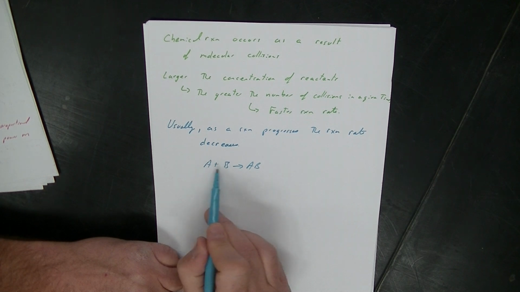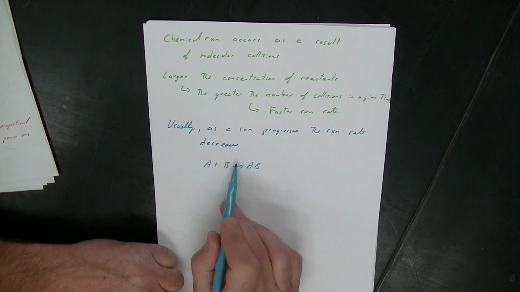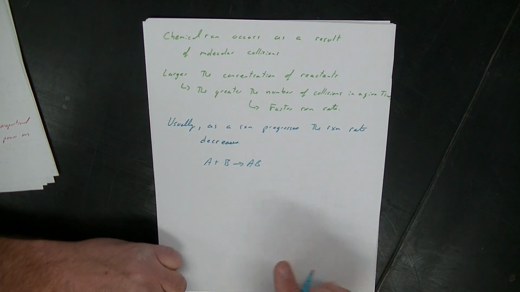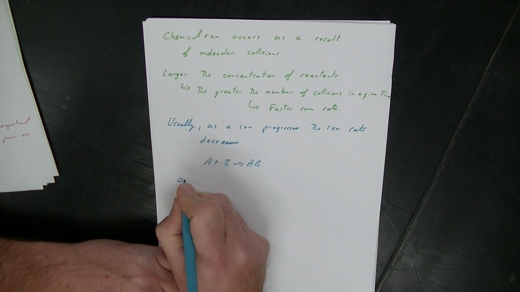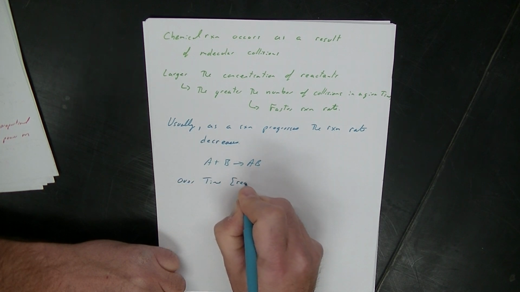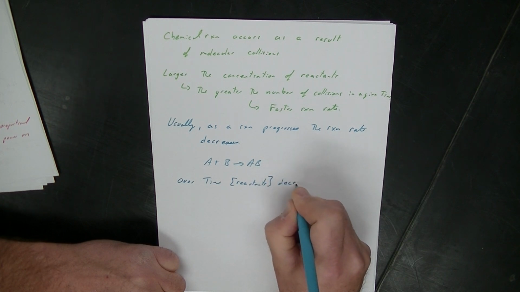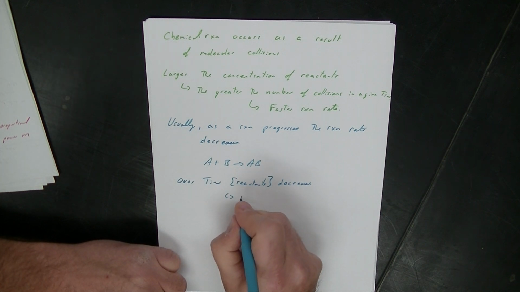Okay, if the concentration of these go down, the number of collisions is going to go down. So over the reaction lifespan, the reaction rate is going to decrease. Okay. So over time, the concentration of our reactants decreases, which means our reaction rate will decrease.